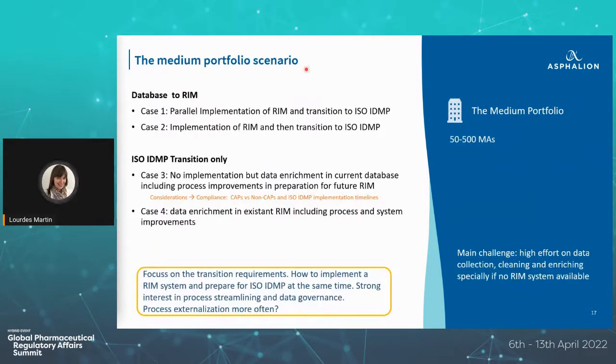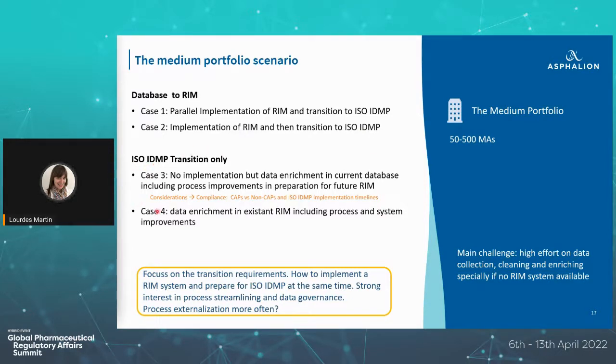If we look at the medium portfolio scenario, let's say from 50 to 500 MAs, the main challenge is the high effort of data collection, cleaning, and enriching, especially if there is no RIM system available. Similarly, you can go from a database to a RIM, either with a parallel implementation and the transition at the same time, or an implementation of the RIM and then the transition to ISO IDMP.